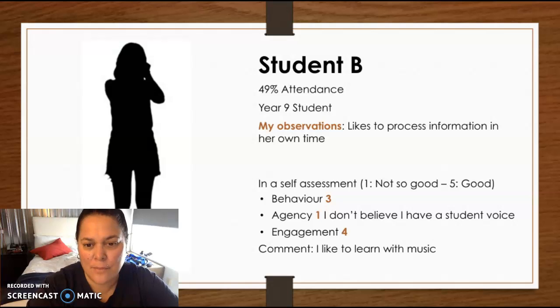Student B, apart from a lot of other criteria that I filled out, reads and writes at about a level 3.